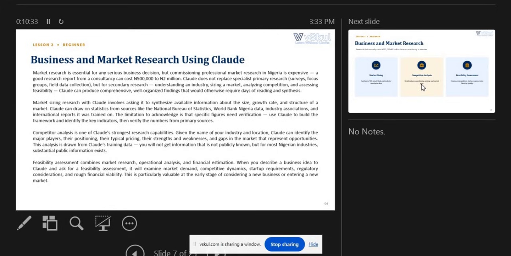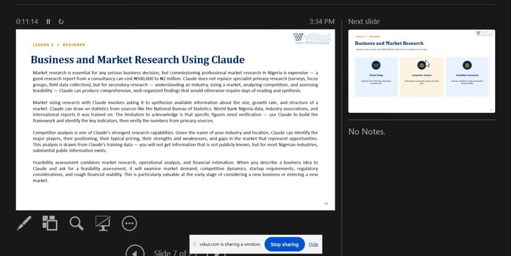Okay? Now, lastly on this page, feasibility assessment combines market research, operational analysis, and financial estimation. When you describe a business idea to Claude and ask for a feasibility assessment, it will examine market demand, competitive dynamics, startup requirements, regulatory considerations, and rough financial feasibility. This is particularly valuable at the early stage of considering a new business or entering a new market, right?